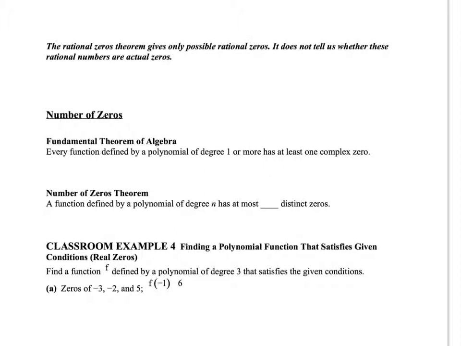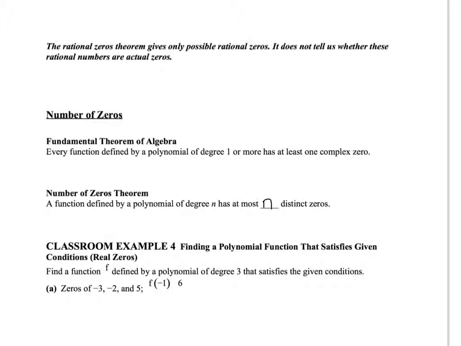Now, the number of zeros theorem is also very helpful. Notice a moment ago I told you because our first term was x to the 4th, we should have 4 factors. Look at the number of zeros theorem. A function defined by a polynomial of degree n has at most n distinct zeros. Because my first term was x to the 4th, I knew I should get 4 parentheses.